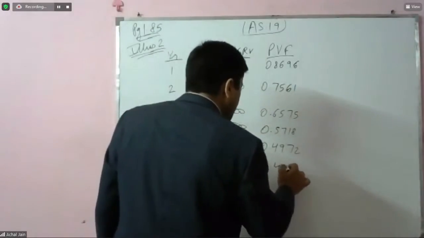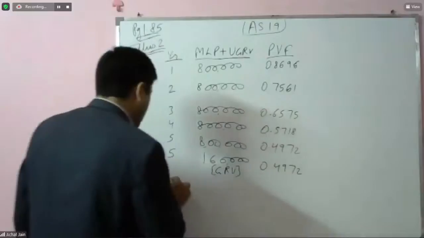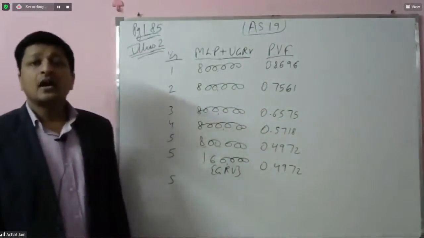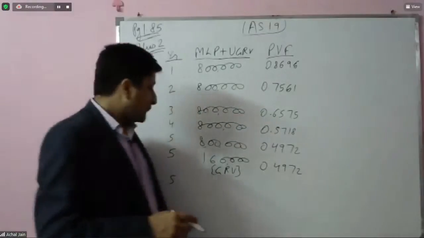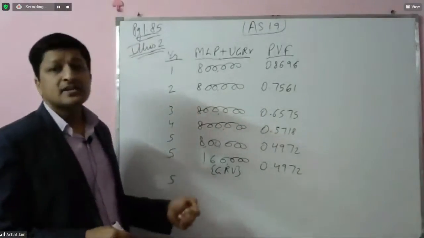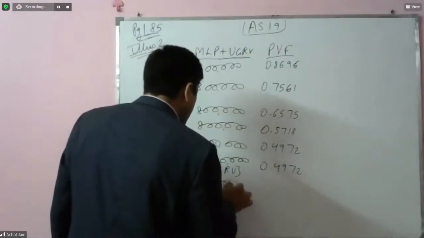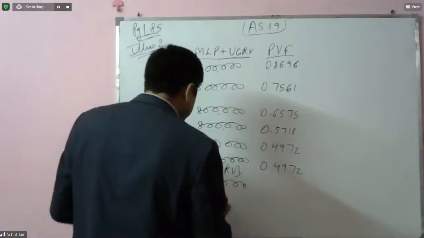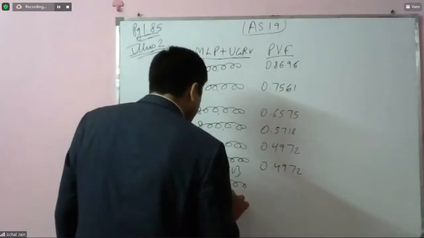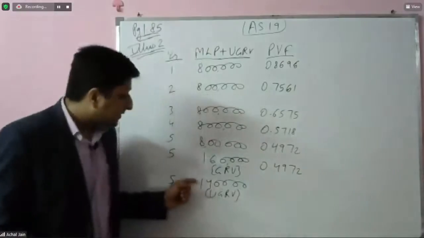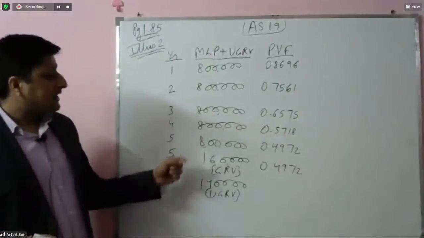Here again we will apply the same PV factor. And in the 5th year again, we will get unguaranteed residual value, which is equal to 3 lakh minus 1,60,000, that is 1,40,000. This is unguaranteed residual. How do we get it? 3 lakh minus 1,60,000.